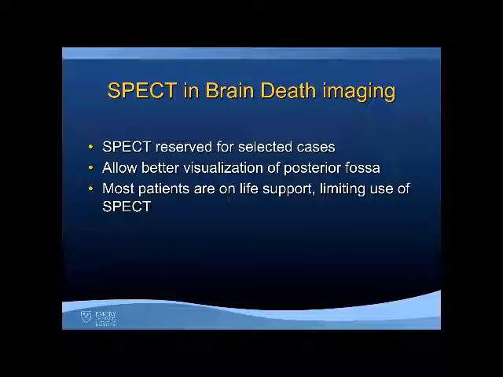So SPECT has a very limited role, and it's really reserved for selected few cases where interpretation by planar studies is difficult. SPECT imaging is helpful because it allows better visualization of the posterior fossa. Again, it's really reserved for very selected cases.